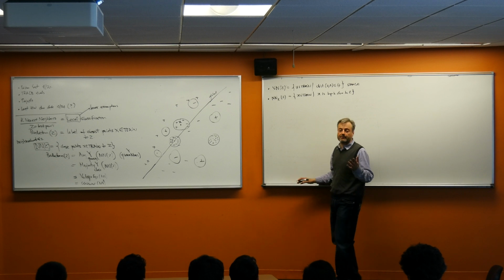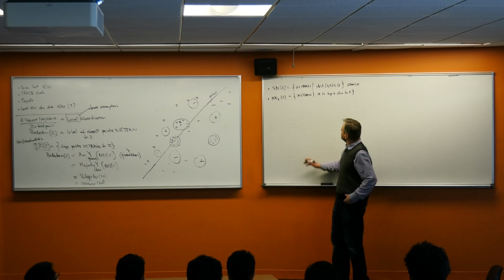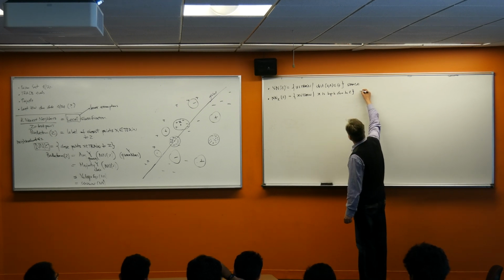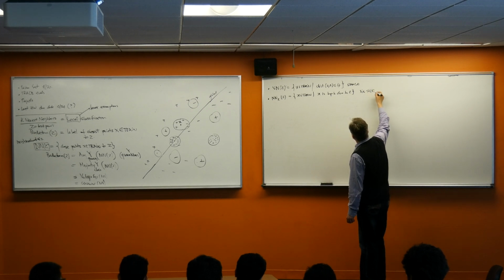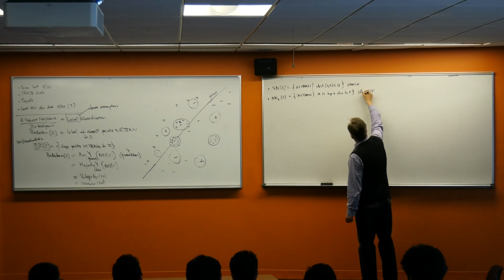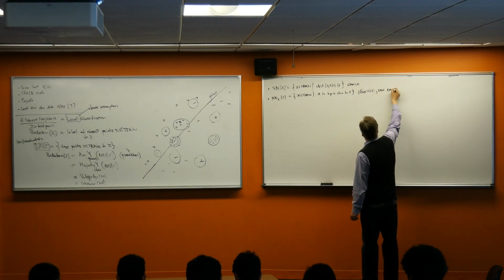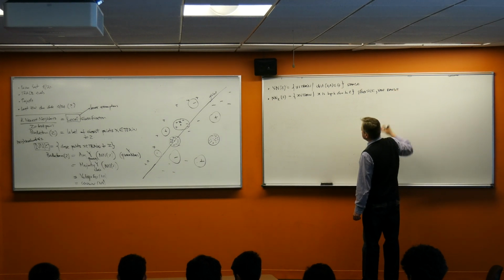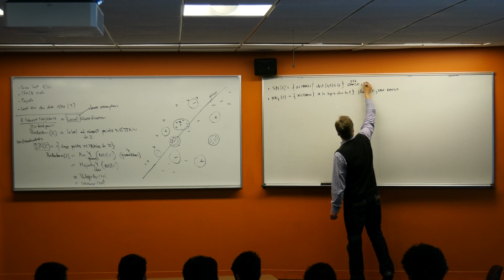If k is 5, sorting by distances, then I have the top 5 neighbors. So this is fixed size, but variable range. And this is fixed range, variable size.